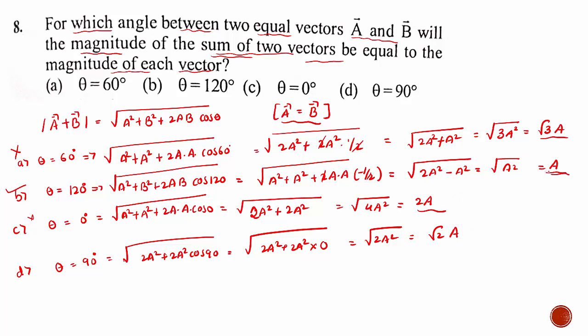Root 3 into A, second one is A, third one is 2A, fourth one is root 2 into A. The question is, for which angle between two equal vectors A and B will the sum of two vectors be equal to the magnitude of each vector? So here the right option is theta equal to 120 degree. When theta is 120 degree, each vector has the same magnitude as the sum.